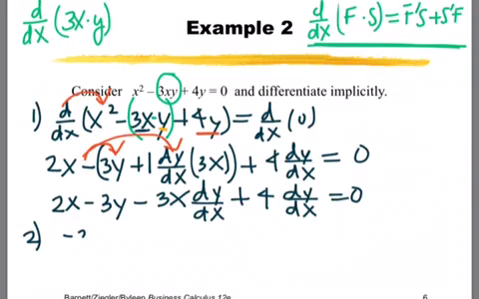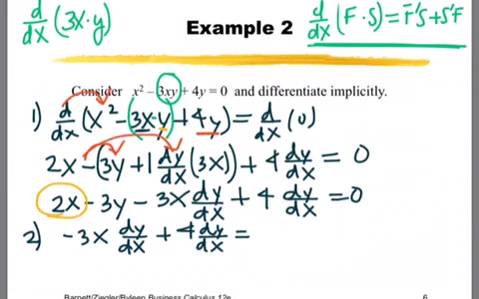So I'm going to have negative 3x dy/dx plus 4 dy/dx equal to, moving 2x over, I get negative 2x, and moving negative 3y over, I get plus 3y, or subtracting 2x on both sides and adding 3y to both sides.